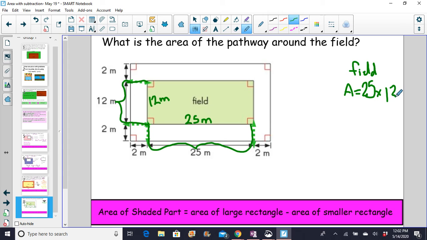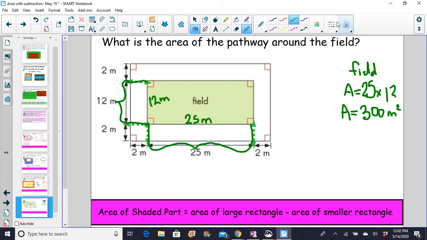Sorry, that's getting a little messy there. So 25 multiplied by 12, stack them up. You have to do a little bit of work here. So the area of the field itself is going to be, I hope you found 300 meters squared, or squared meters.